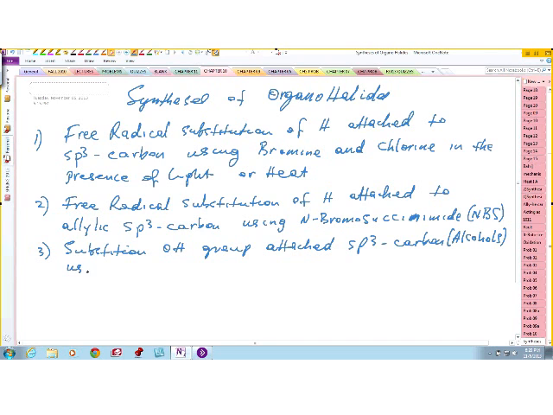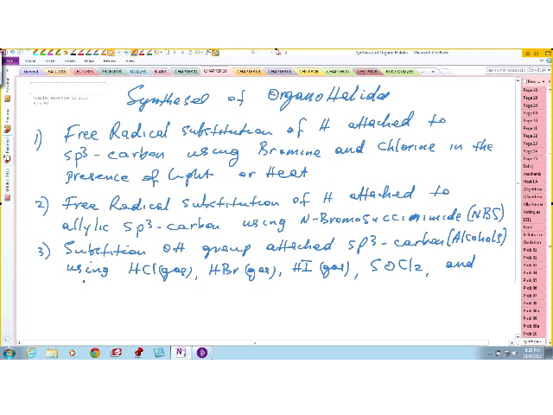Using HCl gas, HBr gas, hydrogen iodide gas, thionyl chloride, this molecule here, and phosphorus tribromide.